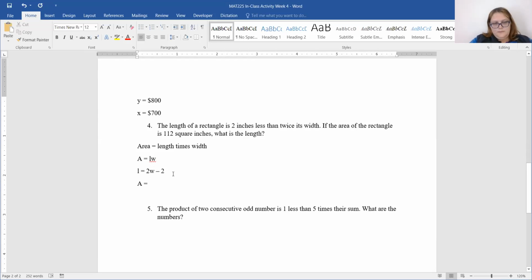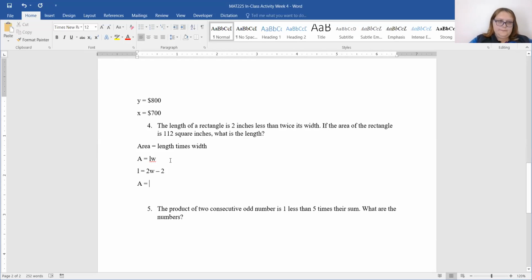So substituting here, it'll only be in terms of W. It'd be 2W squared because we're multiplying, right?